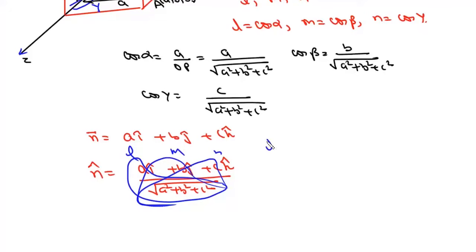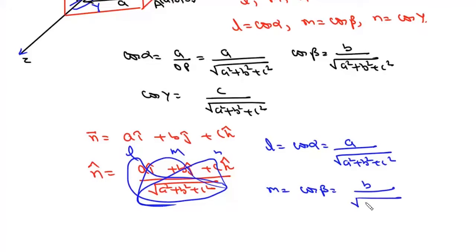So in this case we can write l, which is your cos alpha, as a upon the square root of a square plus b square plus c square; m, which is cos beta, as b upon the same root; and n, which is your cos gamma, as c upon the same root, where alpha, beta and gamma are the angles made by this line with the positive directions of the x-axis, y-axis and z-axis.